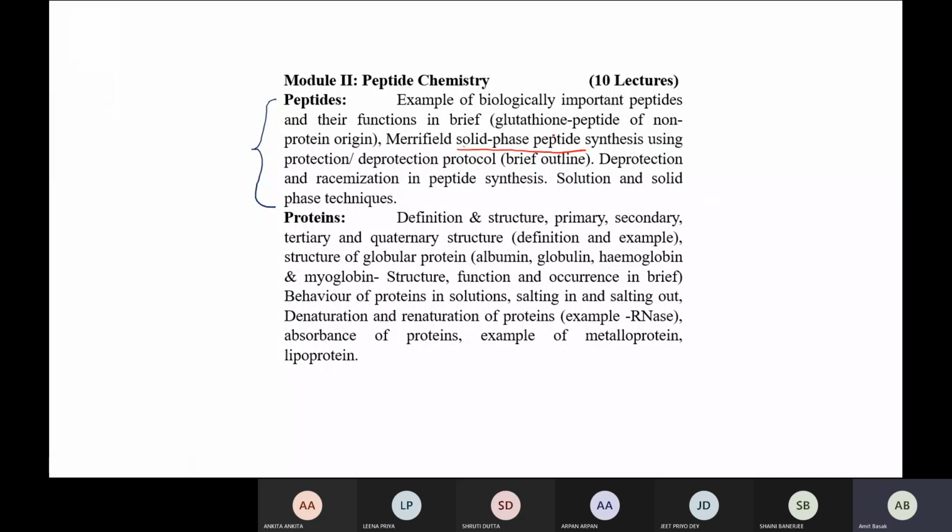You can exclude these examples. You can start from Merrifield solid phase, protection, deprotection, racemization, solution and solid phase. So that part is not there. And proteins, definition, structure, primary, secondary, quaternary, an example. For the exam, you can exclude this part.